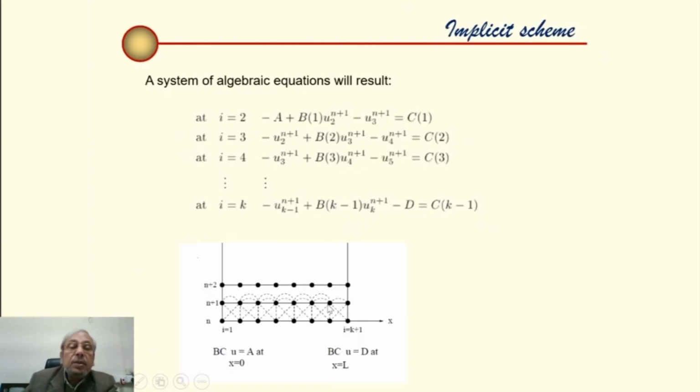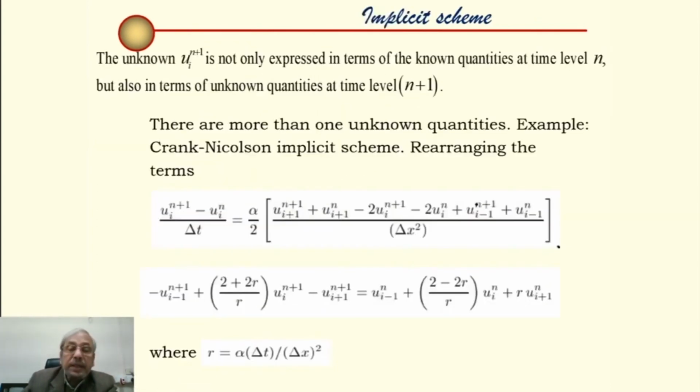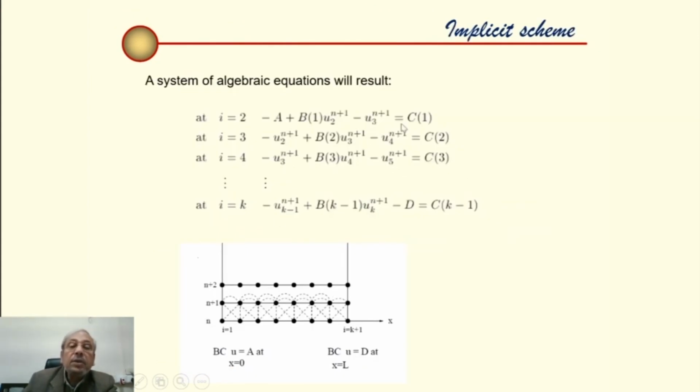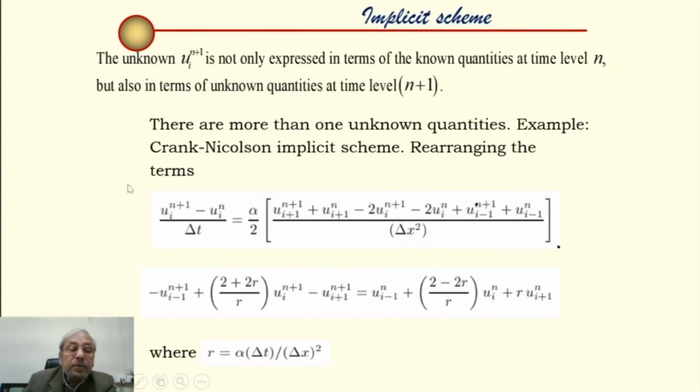We have to substitute, for example, i equal to 2: here we will get u2, here u1, here u3. All are unknown at the n plus 1th level. So for i equal to 2, this will be u1, u2, u3.